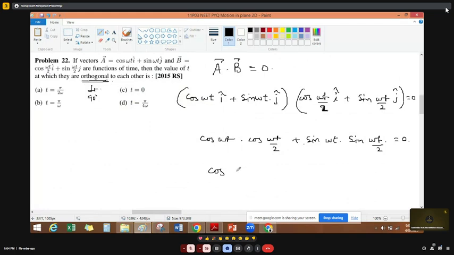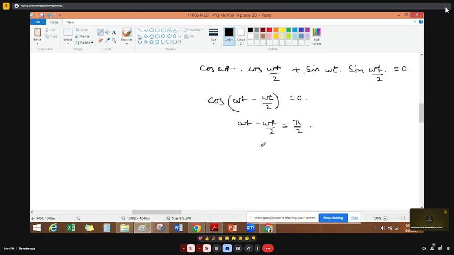So cos A minus B, so omega t minus omega t by 2. That means this must be equal to 90 degrees. But generally in this kind of cases, you should not write 90 degrees, you should write it as pi by 2.